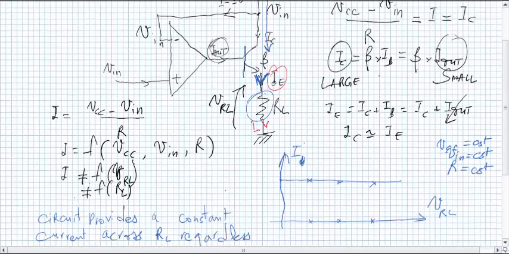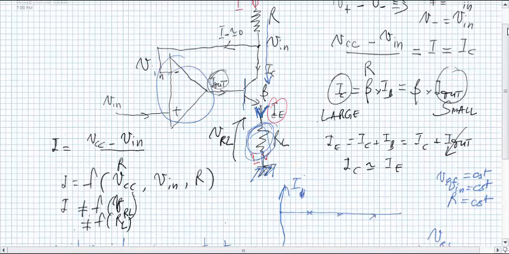And the beauty of this circuit is our load resistor here is not floating anymore. It is connected, as you can see, to the ground. And the current that's flowing to it is not provided by the op-amp, it is provided by the power supply VCC.